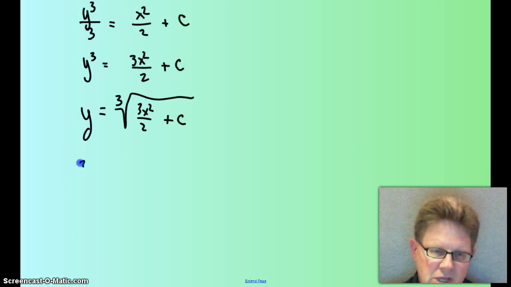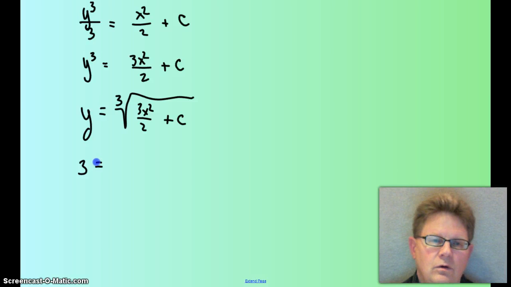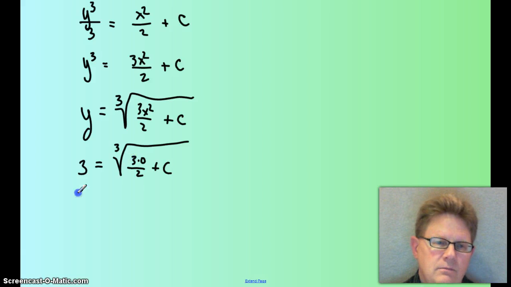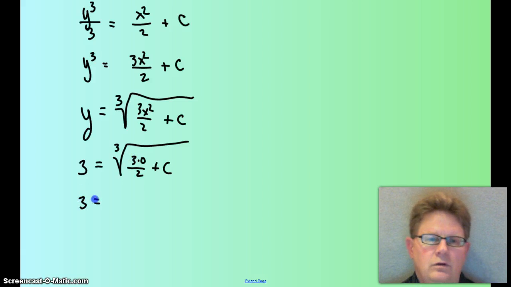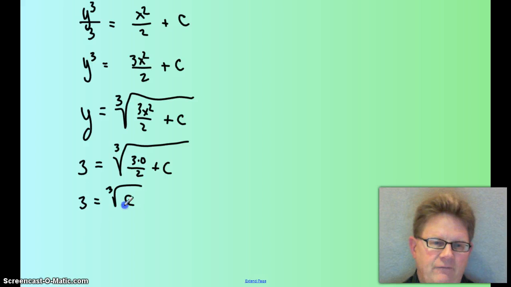So 3 equals the cube root of, let's see here, 3 times 0 over 2 plus C. 3 equals the cube root of C. That would have to be 27, right? So C equals 27.